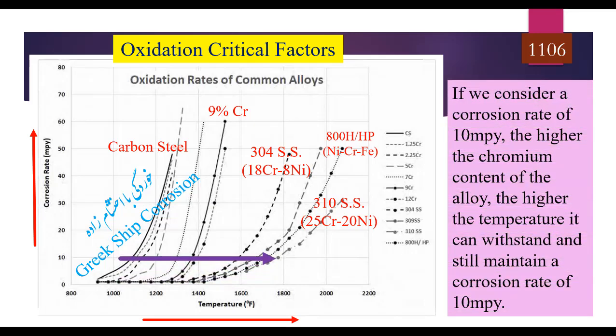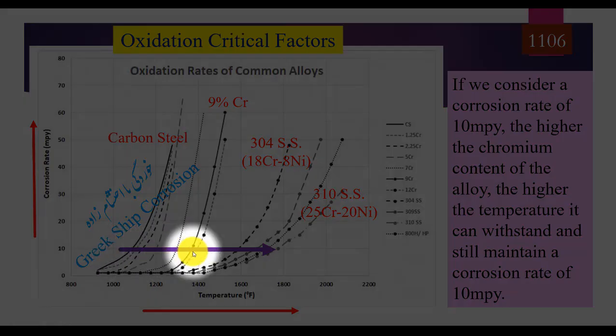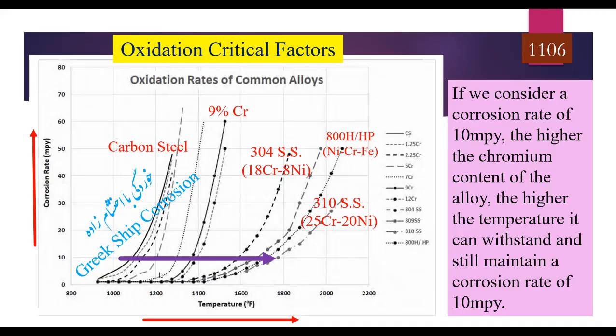If you consider a corrosion rate of 10 MPY, the higher the chromium content of the alloy, the higher the temperature it can withstand and still maintain a corrosion rate of 10 MPY.